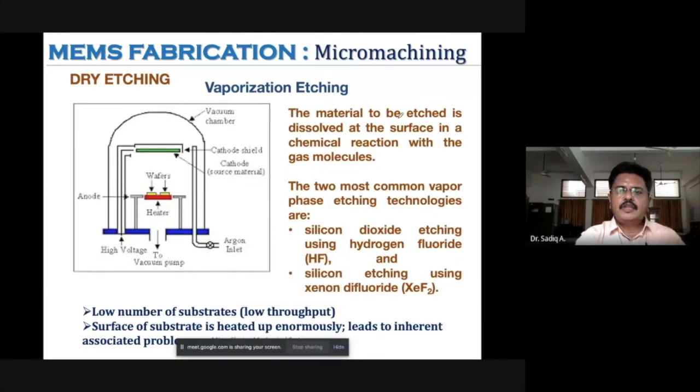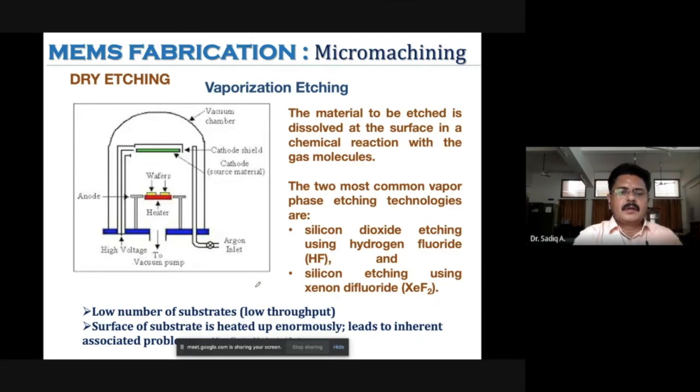Here, the material to be etched is dissolved at the surface in a chemical reaction with the gas molecules. The two most common vapor phase etching technologies are silicon dioxide etching using hydrogen fluoride and silicon etching using xenon difluoride.